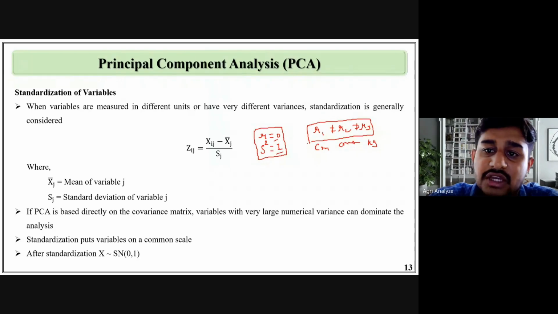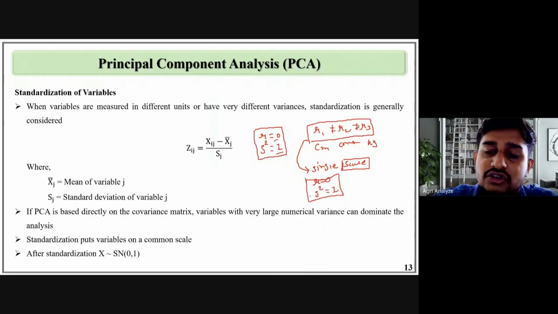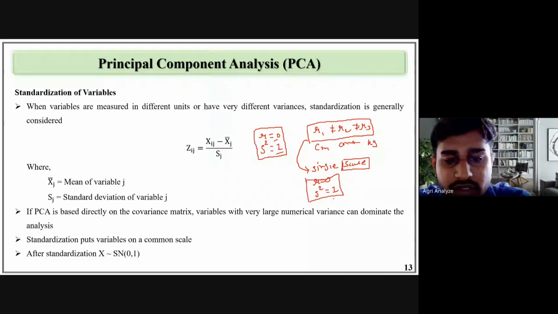So we standardize our data so that all the variables are on a single scale, not a single unit, with mean 0 and standard deviation or variance equal to 1.